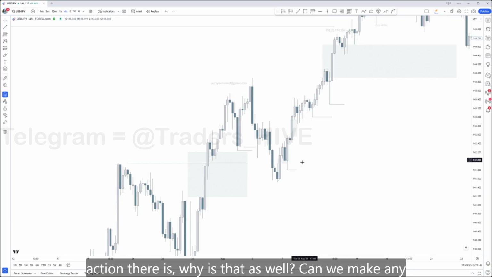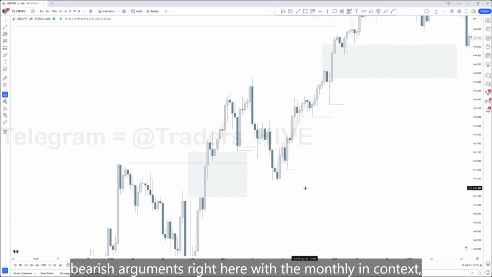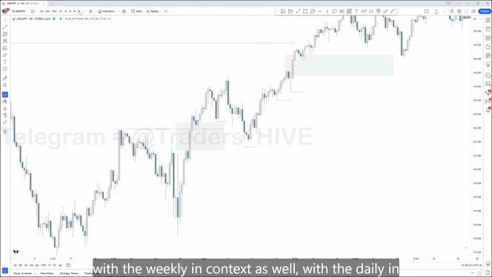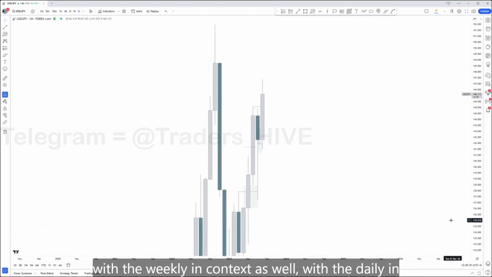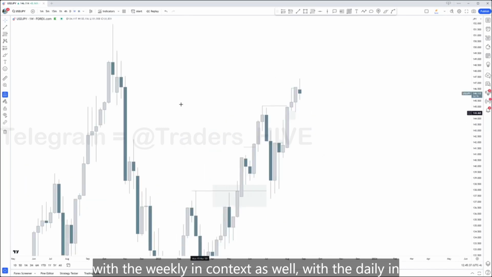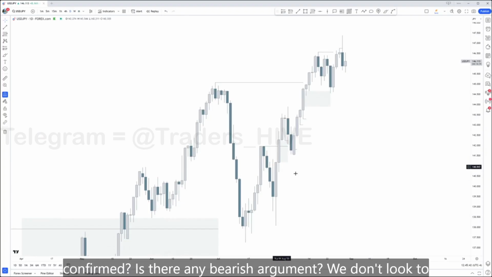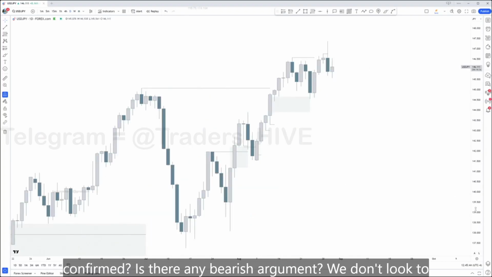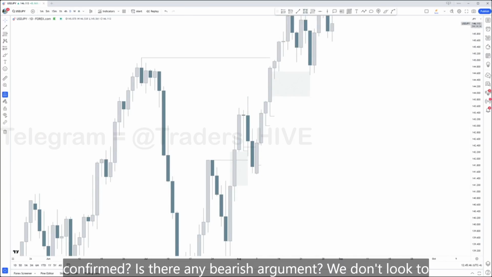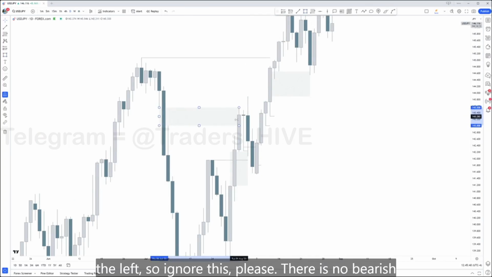Why is that as well? Can we make any bearish arguments right here with the monthly in context, with the weekly in context as well, with the daily in context, with the order flow lags right there being confirmed? Is there any bearish argument? We don't look to the left, so ignore this, please.